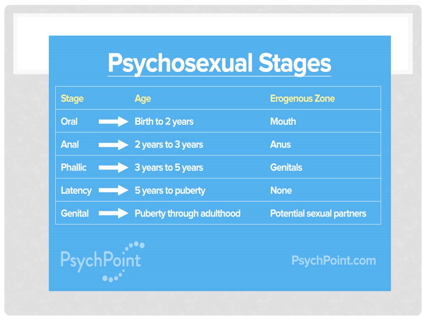The next one is the anal stage. This is from ages 2 to 3 years old, and the erogenous zone is the anus. Here, children begin potty training.